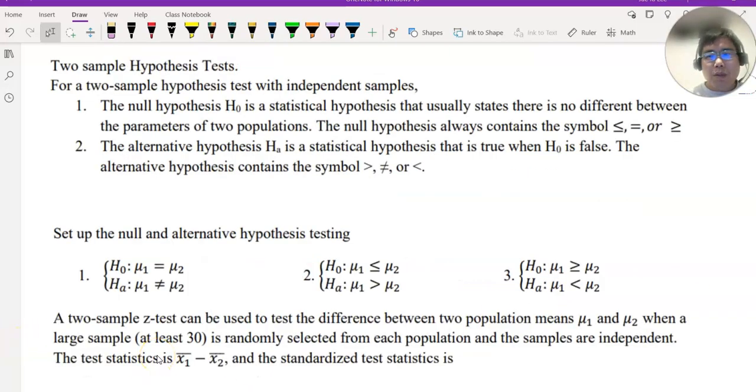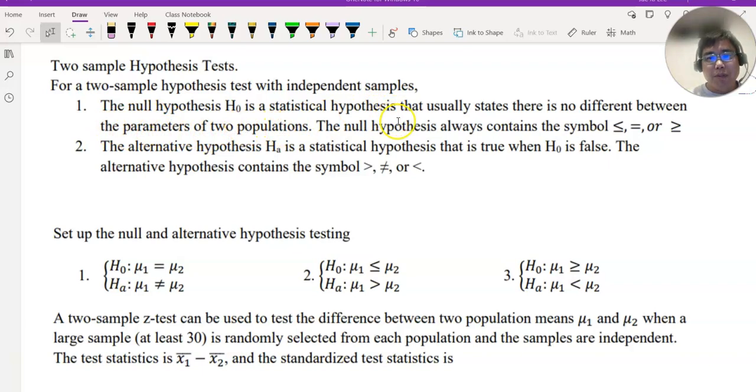Before solving actual examples, let's find out how to set up a two-sample hypothesis test. For a two-sample hypothesis test with independent samples, the null hypothesis H0 is a statistical hypothesis that usually states there is no difference between the parameters of two populations.